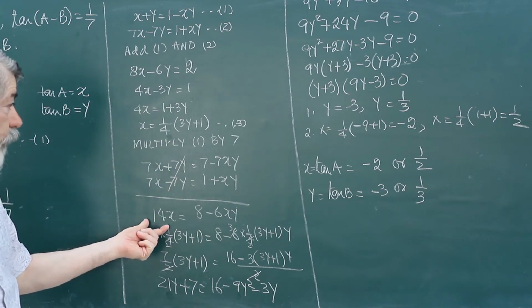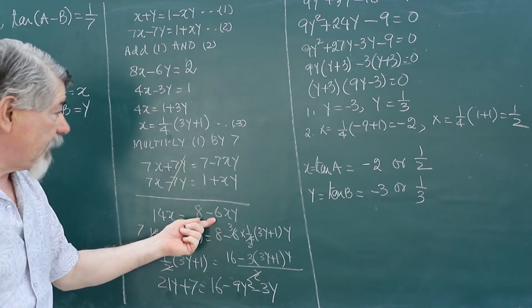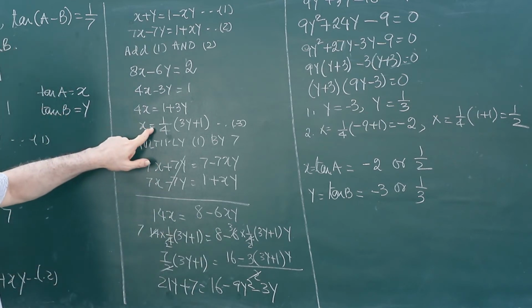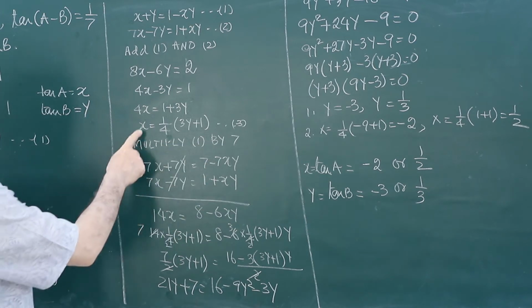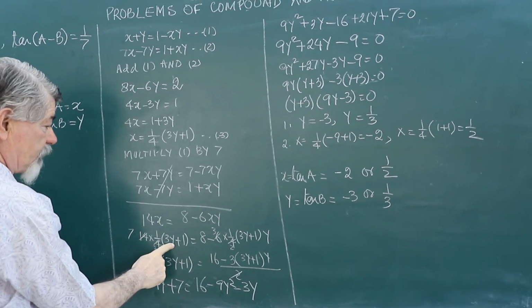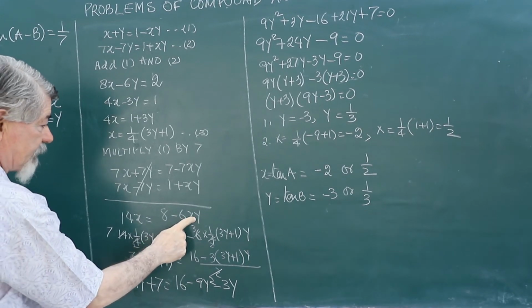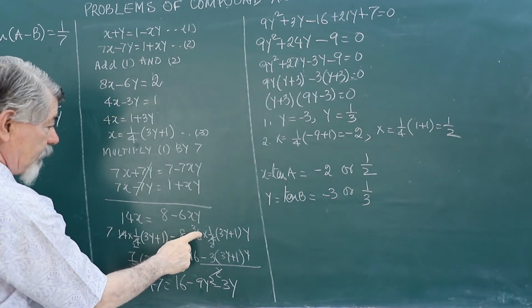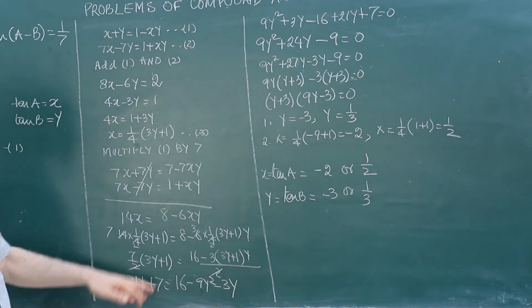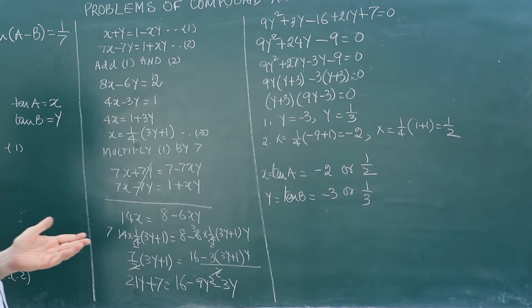We'll get 14x is equal to 8 minus 6xy. Where x is there, I'll put the value in terms of y. x is equal to 1 upon 4 (3y plus 1), and where x is there, I am putting 1 upon 4 (3y plus 1) into y. When we solve it, we get a quadratic equation in y.